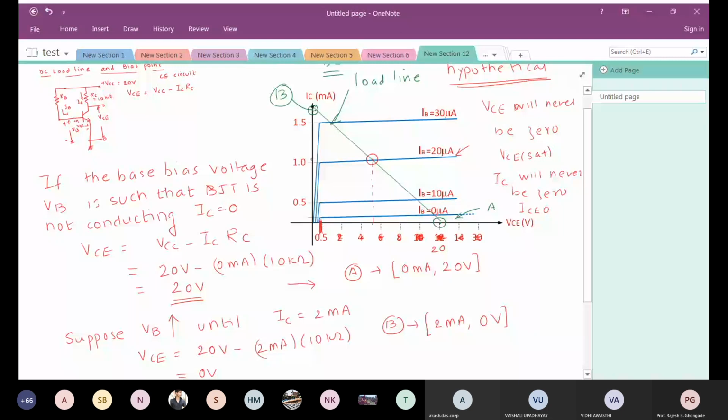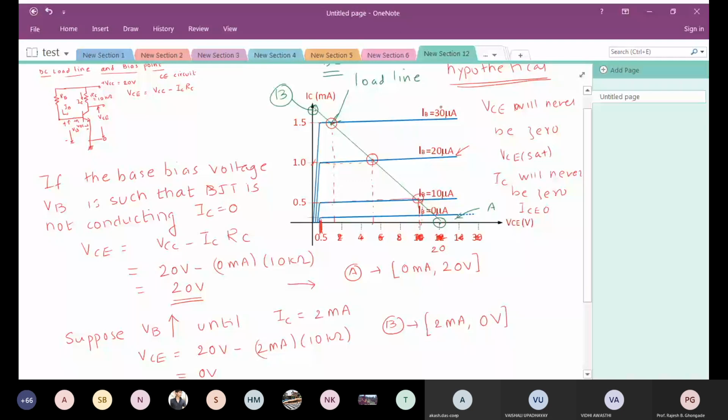That is the importance of the load line. If I decrease the base current to 10 microamperes, I can find out the voltage across the device and the current flowing through it. If I make IB 30 microamperes, the intersection point will give me the voltage across the device and the current flowing through it. Is that clear?